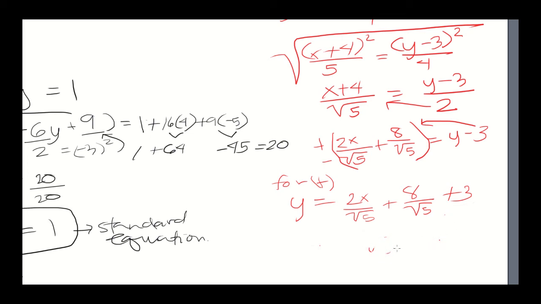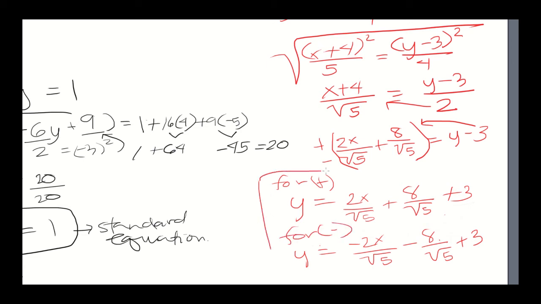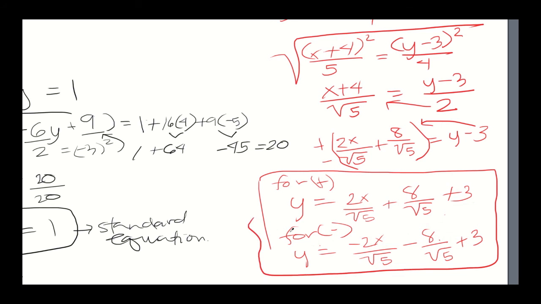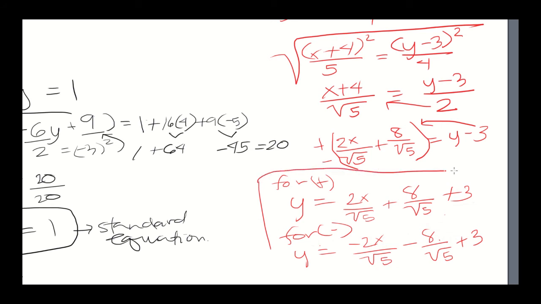And for the negative, we will just change it to negative: y equals negative 2x over square root of 5 minus 8 over square root of 5 plus 3. That is for negative. So that's it. That's our asymptotes.